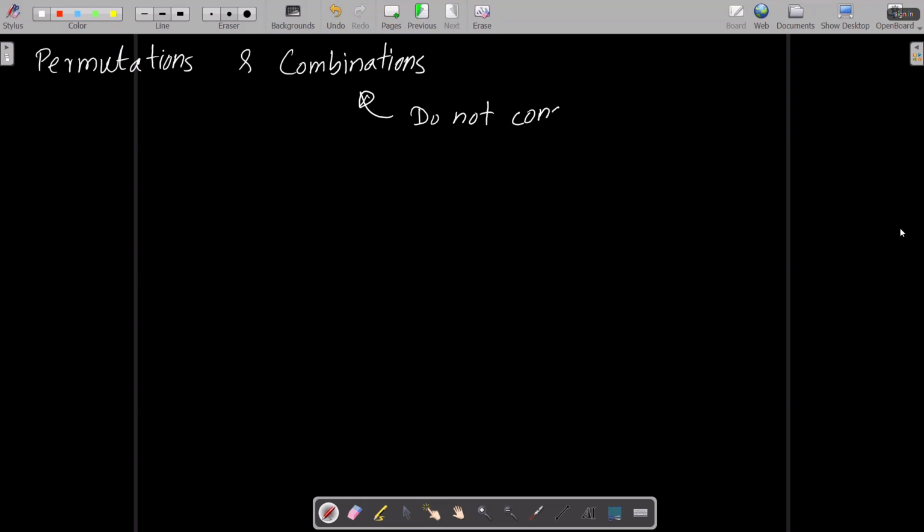Let's talk about the differences between permutations and combinations. When we are finding combinations, we actually do not consider the order.